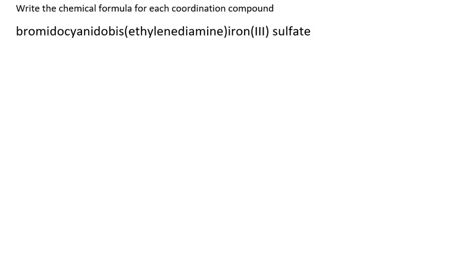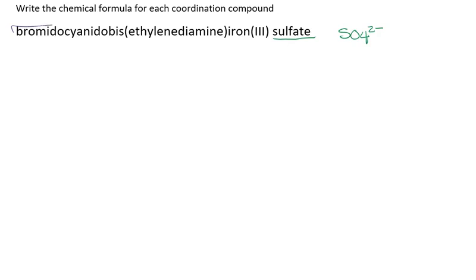So we'll start by just identifying those 2 parts. The second part is always the anion. That's right here. So sulfate is my anion, and I know that it looks like SO4 2-. At this moment, I don't know how many of them I need to incorporate into the formula, but I will figure that out along the way.